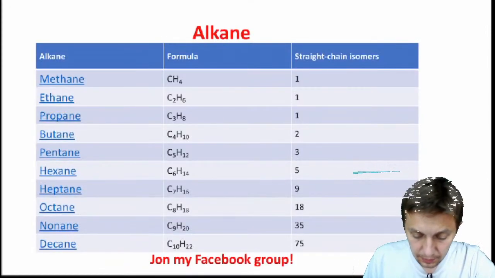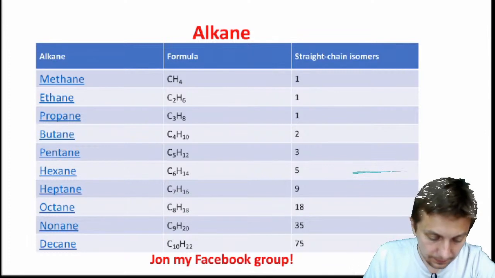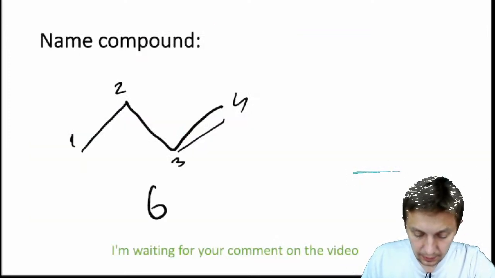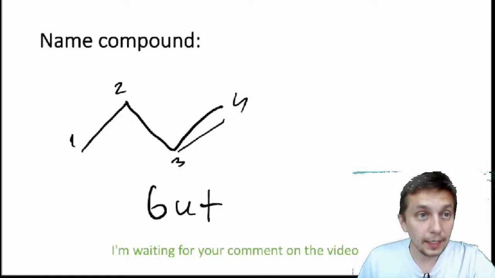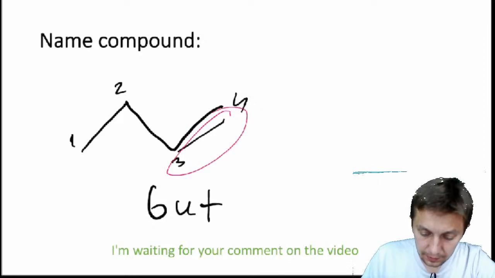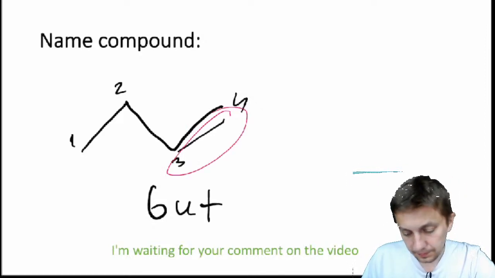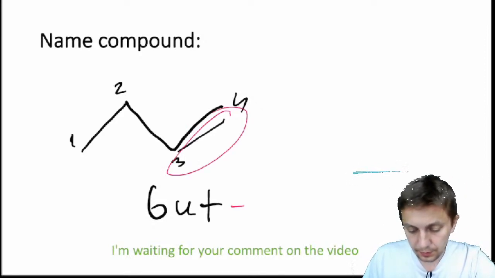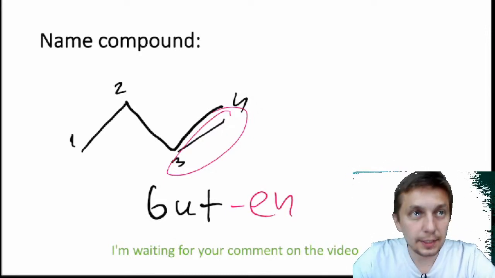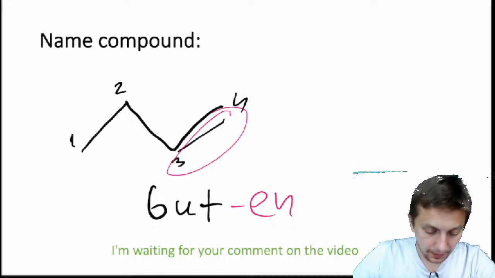It's butane. If it's butane, it means the root must contain but. But we have also a double bond, so butene. So butene, it's the name of this compound.